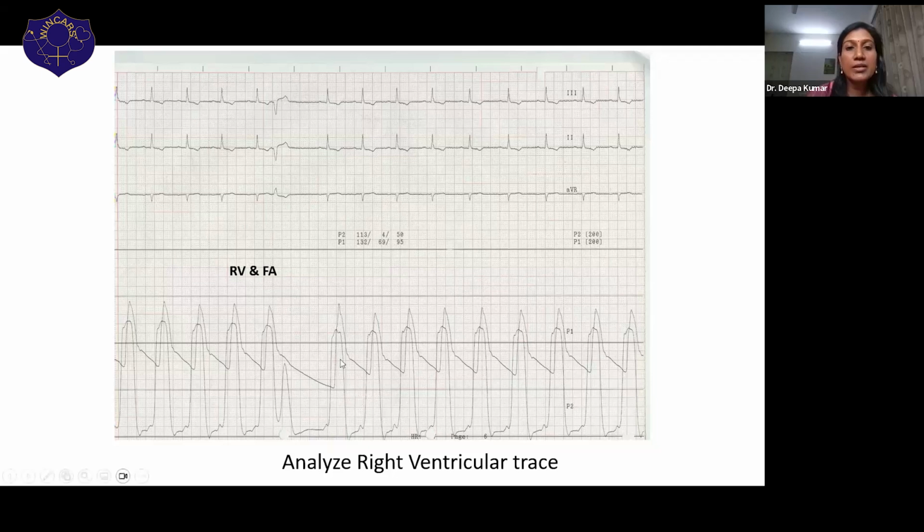But here, the RV is behaving like a normal LV. Why? Because it is connected by a large VSD to the LV and it is behaving like an LV. The explanation is quite detailed. I don't think I have the time to go through that, but maybe you should read up on that. It's very interesting. If you see that there is no post extrasystolic potentiation of the RV, there is a large VSD connecting the RV and the LV.